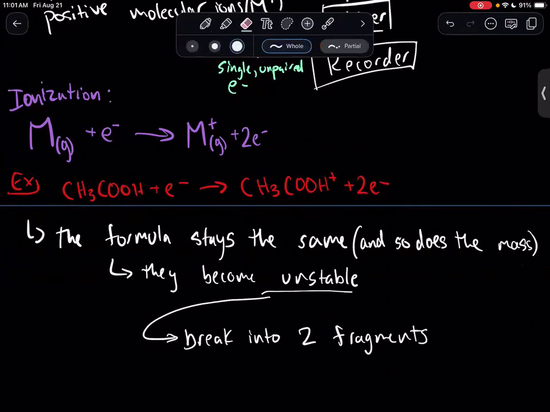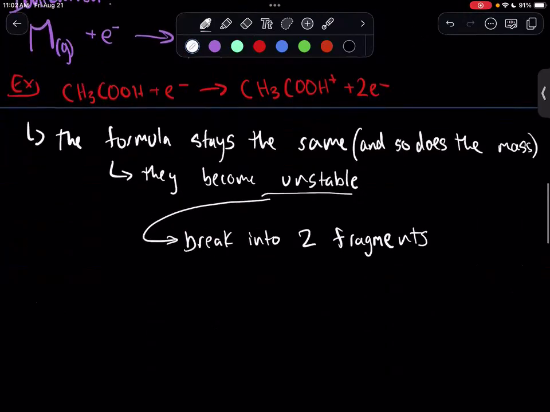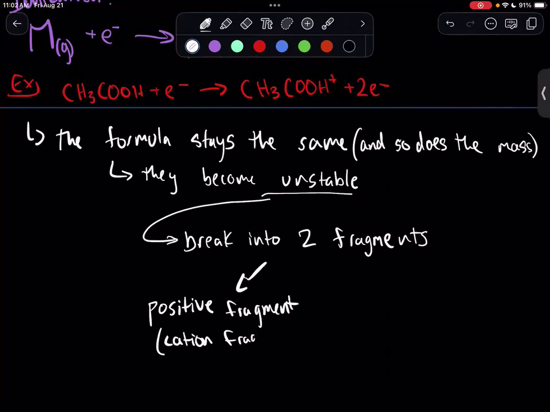Specifically, we have our positive fragment, also referred to as the cation fragment, and our neutral fragment.